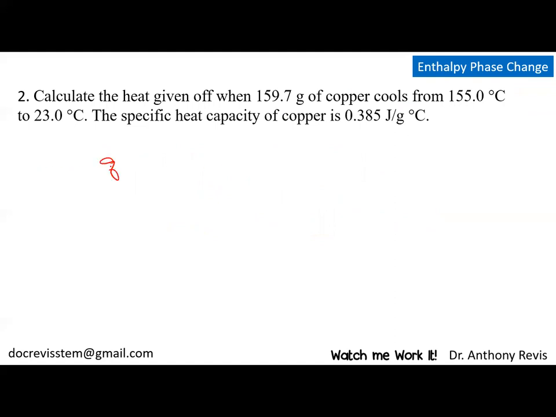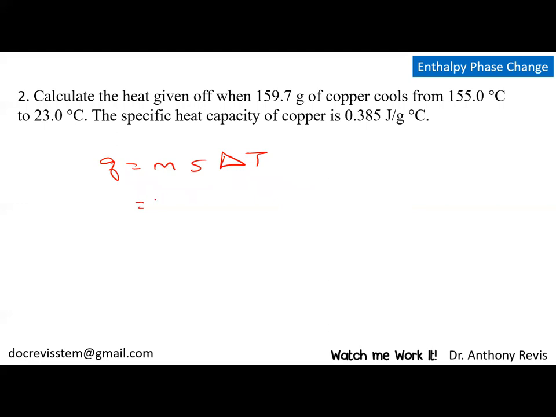So we're basically going to have Q equals m s delta T. I should read it again to you. We have calculated heat given off when 129.7 grams of copper cools from 155.0 C to 23.0 degrees C.